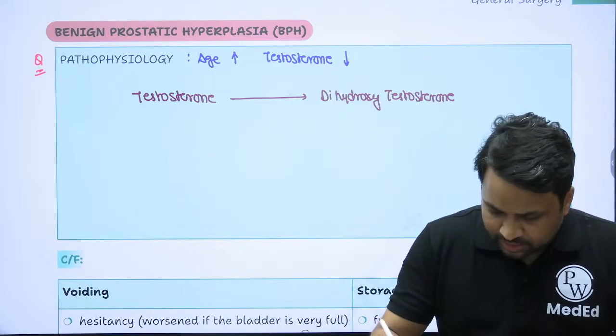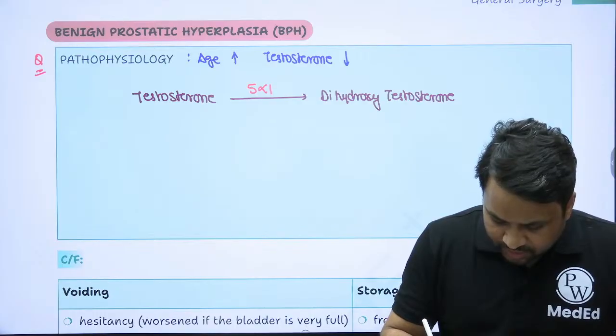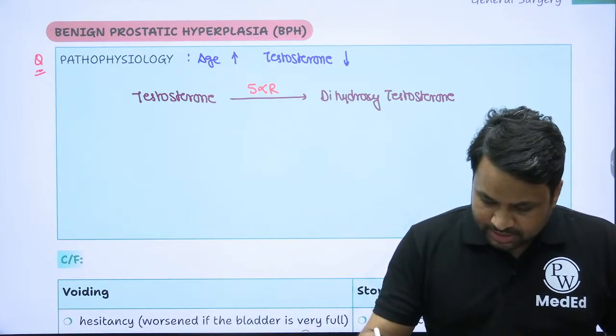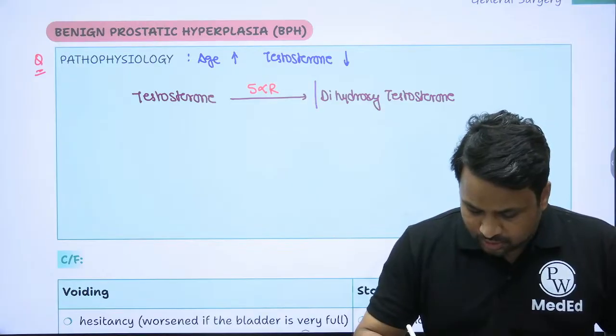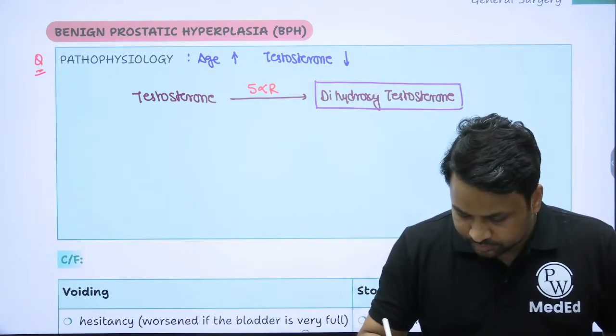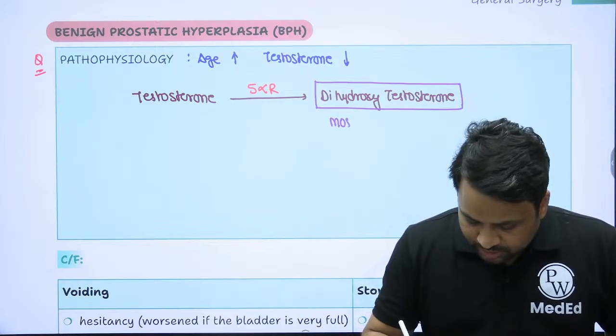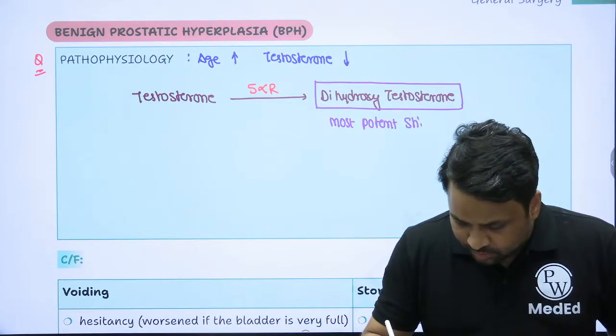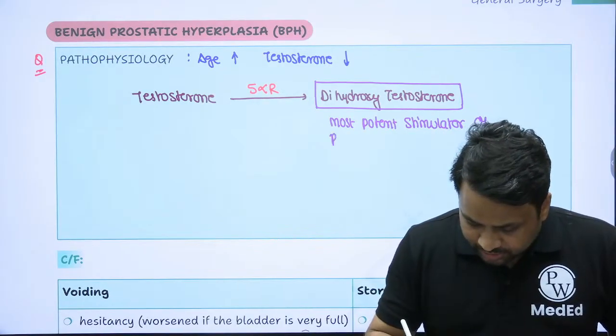This is done with the help of the enzyme 5-alpha reductase. What is important is that dihydrotestosterone happens to be the most potent stimulator of the prostate gland.